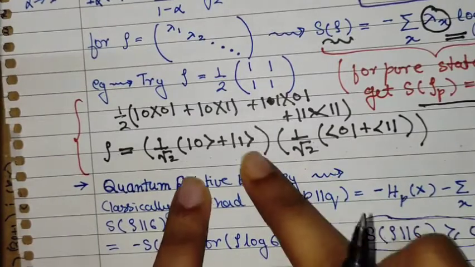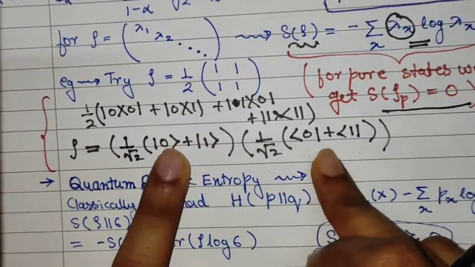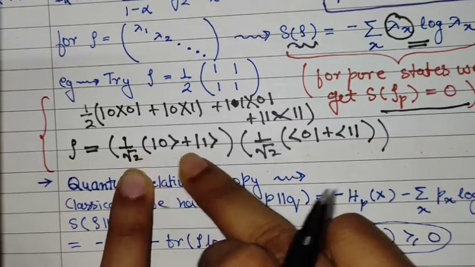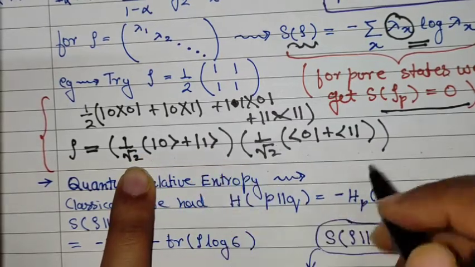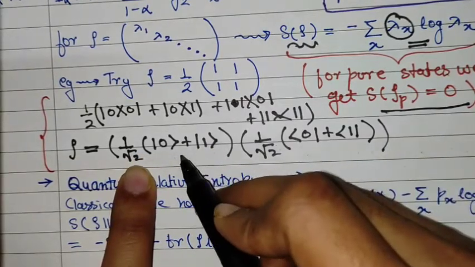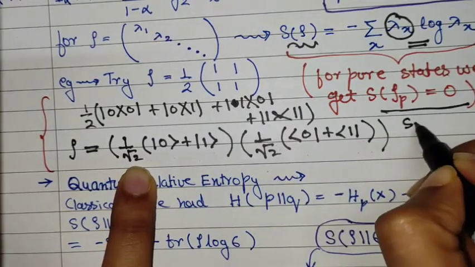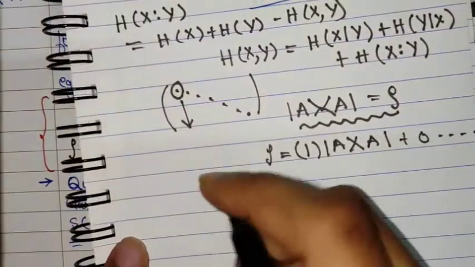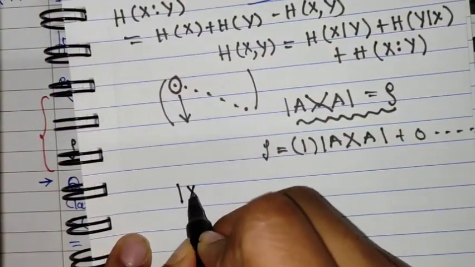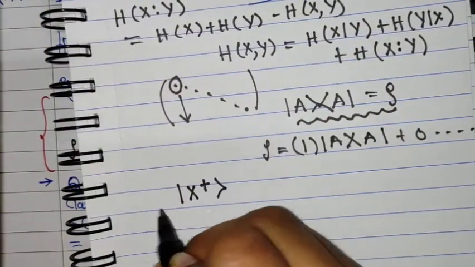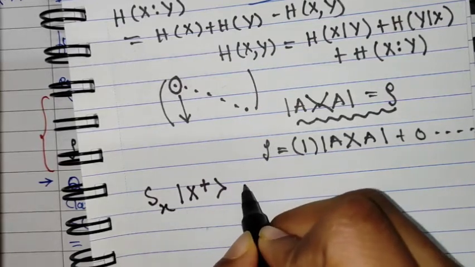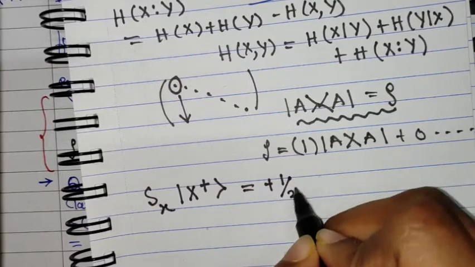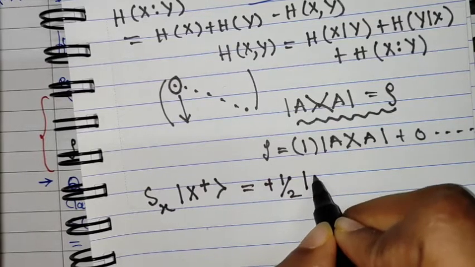The matrix rho is actually the product of two states, and these states are the eigenvectors of the spin x operator. If you remember, these states are just x plus, such that when the spin x operator acts, it gives you an eigenvalue of plus half, with h bar equal to 1, on x plus.